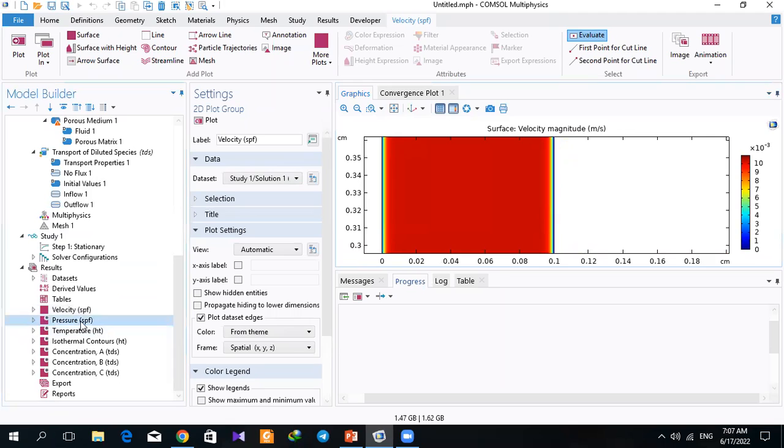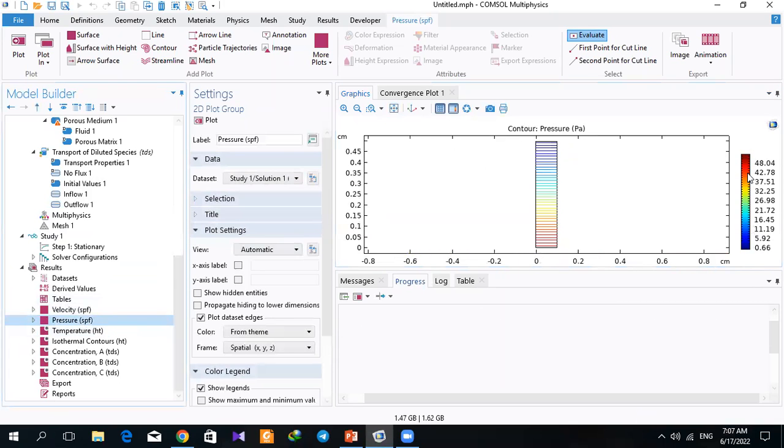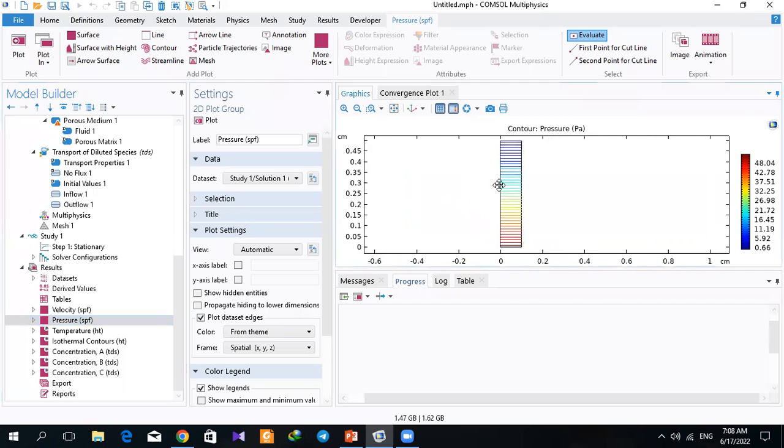For the case of pressure drop, you have the contour of pressure drop, and you see that we have around 50 Pascal pressure drop inside of this bed. It's very small, but we still have a pressure drop here. You can use these results for estimation of pressure drop in industrial reactors.